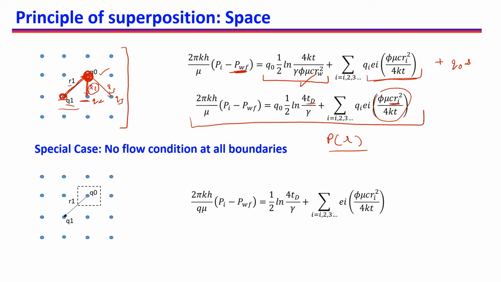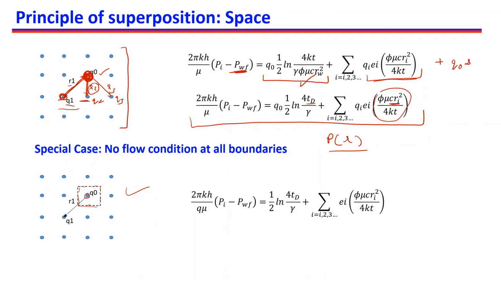A special case of superposition in space is when we want to find out pressure in well 0. And we know that we have developed our reservoir in such a way that we have a pattern, and because of this pattern we have a no flow boundary condition where this dotted line is.